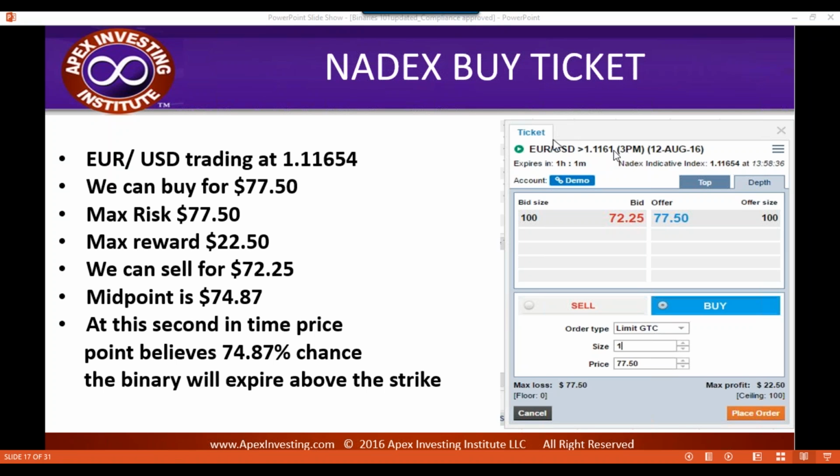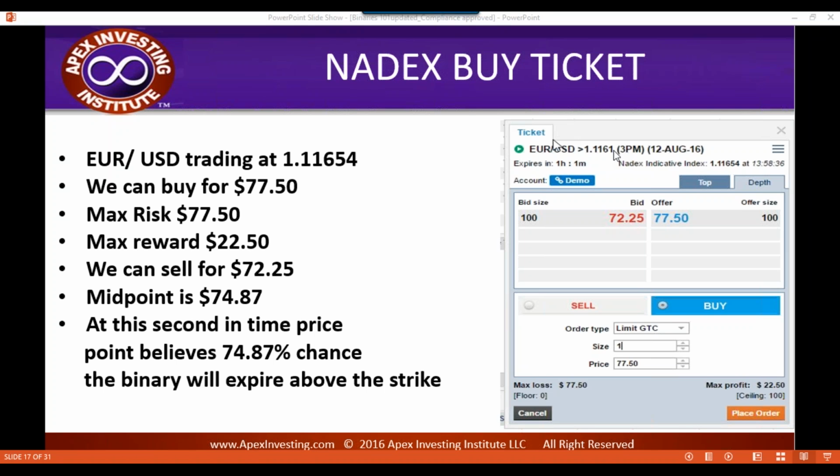Okay, I'm getting some mixed answers here. It's actually not profitable. That trade would have been a loss. Now, at first, some of you are saying, well, it didn't expire under 1.1161, so why would it be a loss? Well, pay close attention. Let's read the statement.